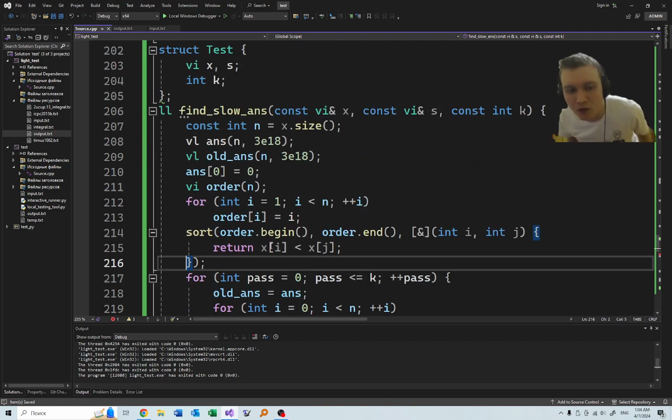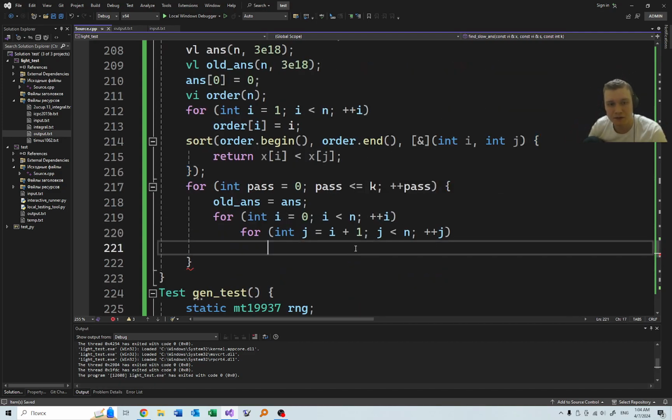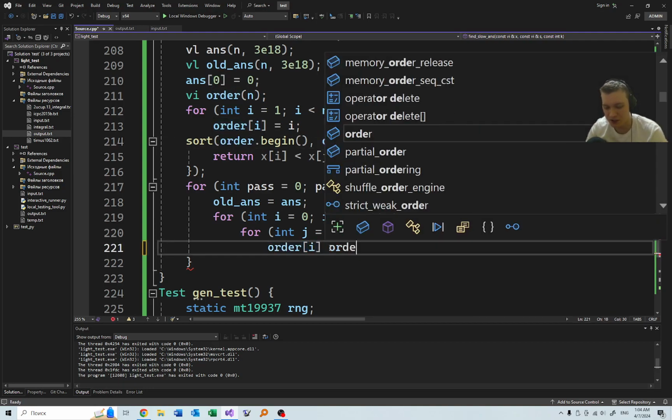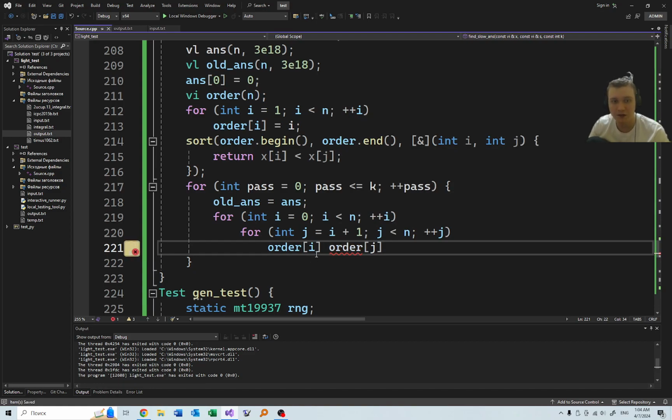Okay, so in the order, I'm trying to pass the ball from order I to order J. How do I do it?